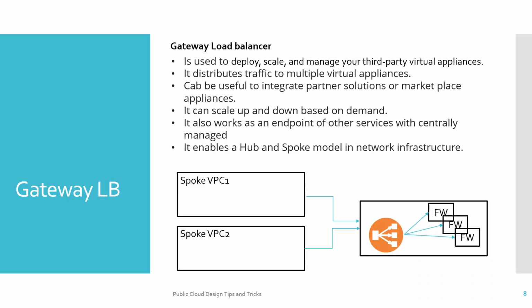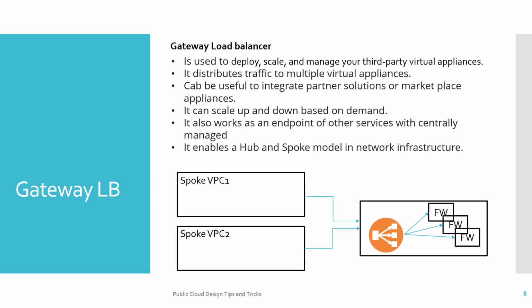The fourth one and quite an important one is the gateway load balancer. It is especially used to deploy, scale, and manage your third-party virtual appliances. So when you are trying to integrate different appliances with a central way of working, then this load balancer comes into the picture, and its main responsibility is to route the traffic to different external appliances, and it can be useful to integrate partner solutions or marketplace.